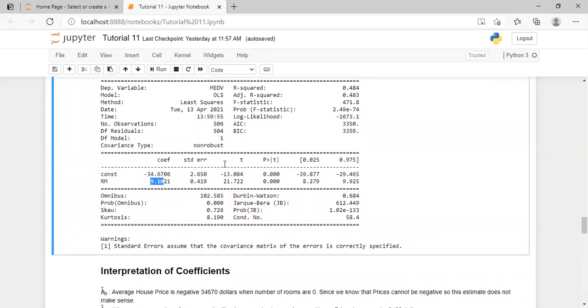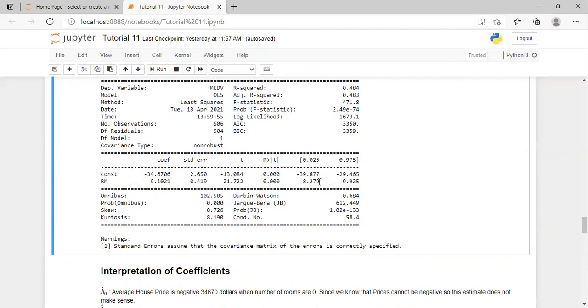This is how we interpret the coefficient. There's again the standard error, which is just the standard deviation, and again a large t stat value, which indicates we would have a low probability, which indicates that yes, the rooms are very significant in giving us a relationship between the house prices and the number of rooms.